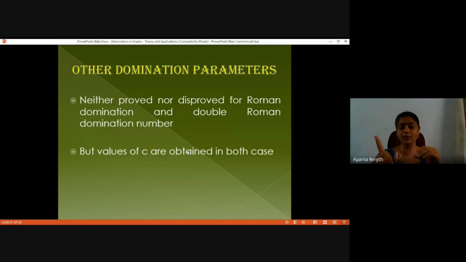Don't get confused. 1 by 6 is less than 1 by 2. That's true. But here the domination parameter is different. For the usual domination number, you have to find a C which is greater than 1 by 2.